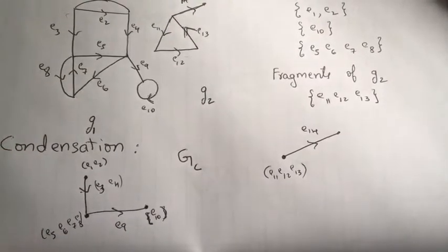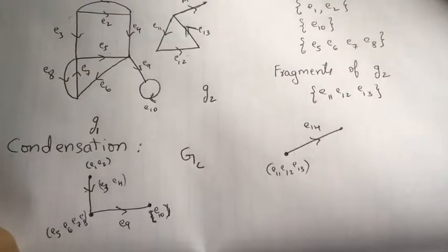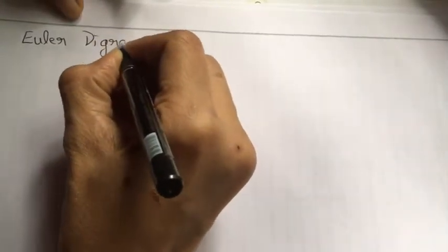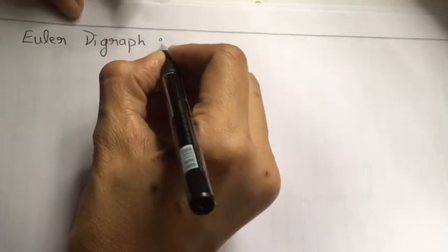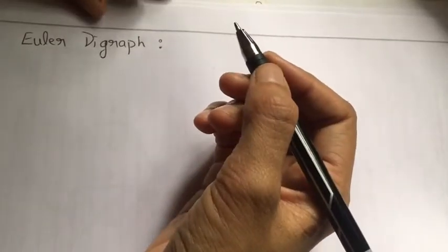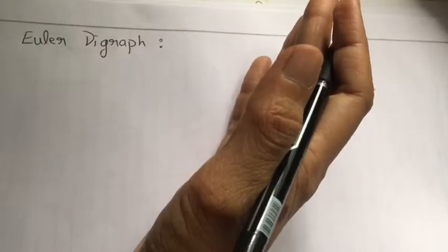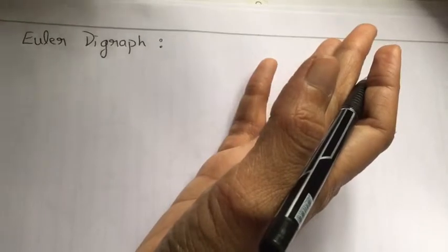One more type of digraph. We have studied Euler graph. Now we'll look at Euler digraph. In case of an undirected graph, if a graph has an Euler line, then I can say it's an Euler graph.